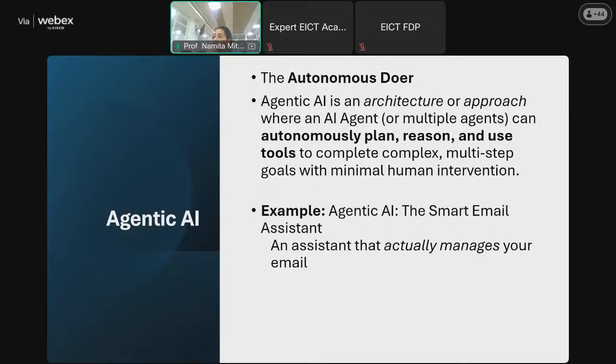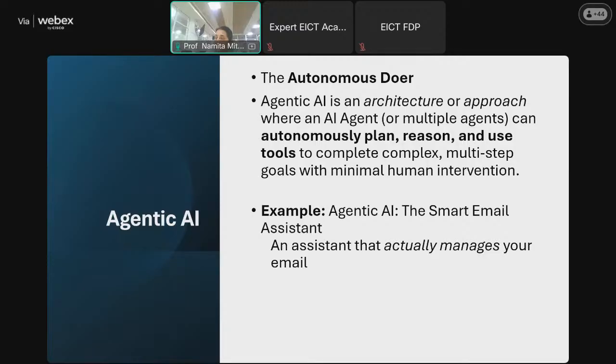I'll not question. So an example: agentic AI is nothing but a smart email assistant. Suppose my email inbox is full of emails. First, I have to check which are good for me, which are to be taken today, and which are not to be taken today, or maybe deferred for tomorrow. I can just say unread, I'll see it tomorrow. Everything I can leave to agentic AI.